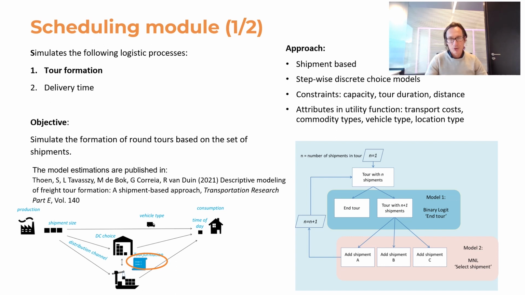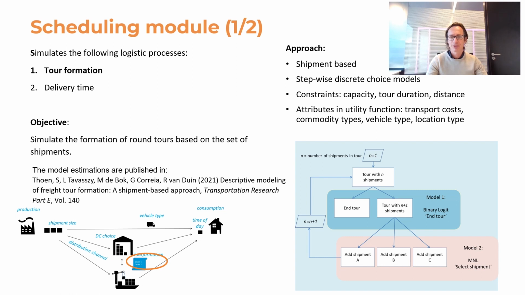Well, the approach, again, it's shipment-based, so it simulates at the level of individual shipments: is this shipment added to the tour or not? And also by applying discrete choice models. So the decision to add another shipment to the tour is based on all kinds of constraints, like the capacity of the vehicle or the duration of the tour, the distance of the tour, and the utility functions.